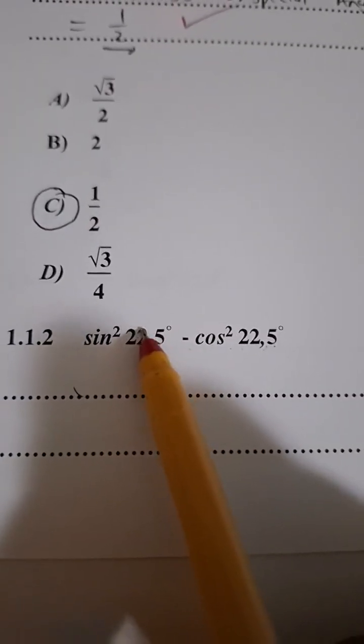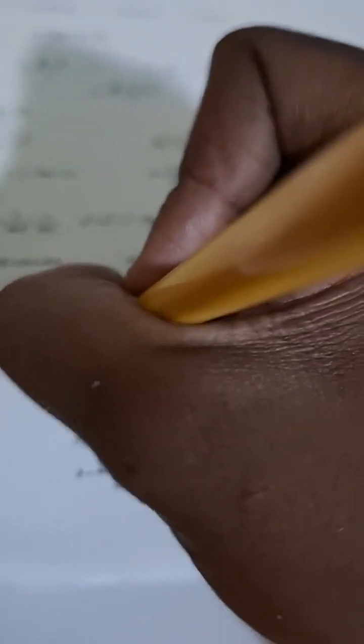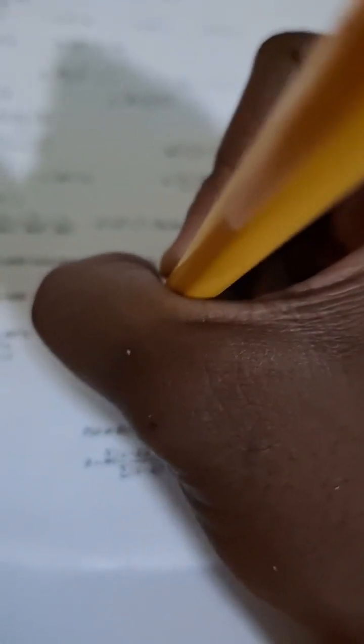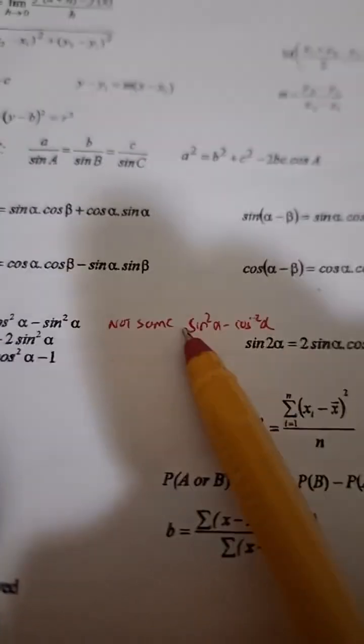So the only problem here is that cos is not starting, it's only sine that is starting. But guys, we know for a fact that the subtraction of this is not the same thing as the subtraction of that. This and that are not the same.